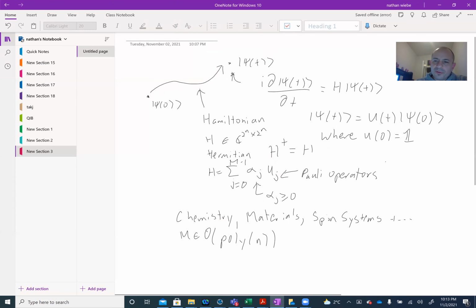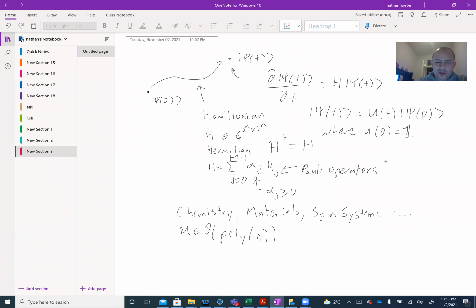Then, if we substitute that into the Schrodinger equation, we get i d psi by dt is equal to i dU by dt psi of 0. Similarly, we get H psi of t is equal to H U psi of 0.